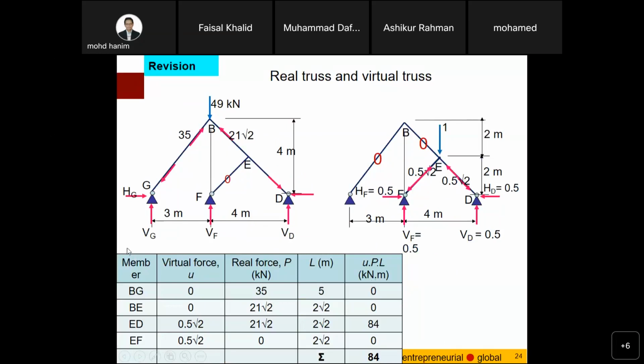So again, create this table, with the forces U, P, L, and UPL.